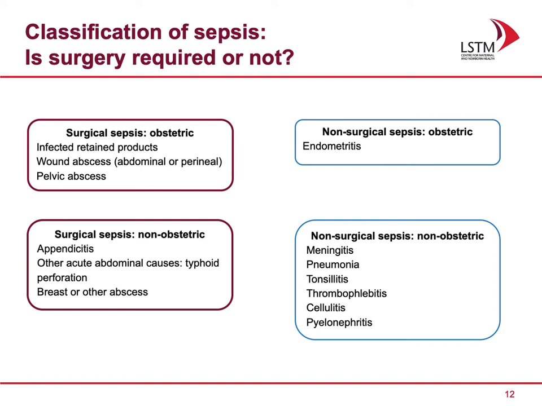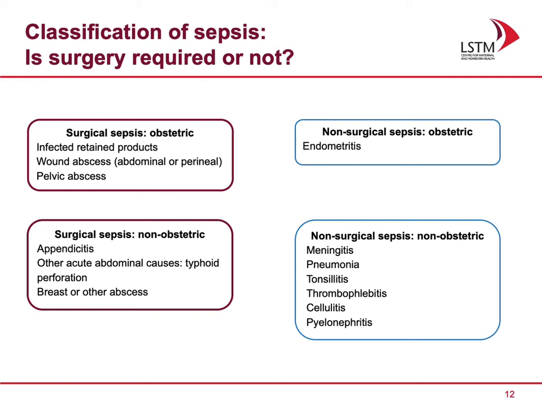With non-surgical sepsis, we are not able to operate. So, for example, endometritis. Now, it's true that it's quite often fairly difficult to tell the difference between infected retained products and endometritis. So if an evacuation is performed and nothing is found, it might have been a case of endometritis.